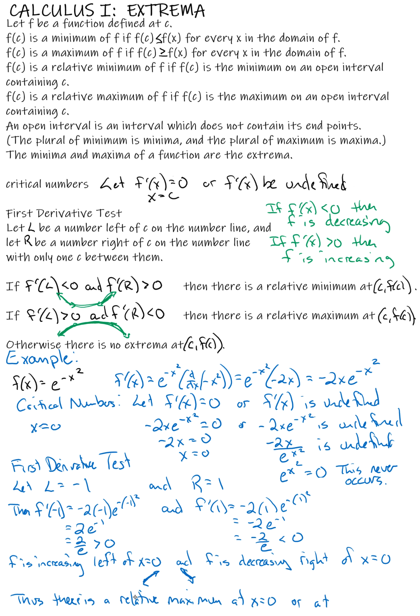Remember, we would have to figure out what the function value is at 0. Notice my y value here would be f of 0. And so here we would have to go back to our function, not the derivative, if we want to find that y value. In this case, we would have e to the 0, but anything raised to the 0 power is 1. So you could say that we have a relative maximum at the point (0, 1). And there you go. Enjoy.